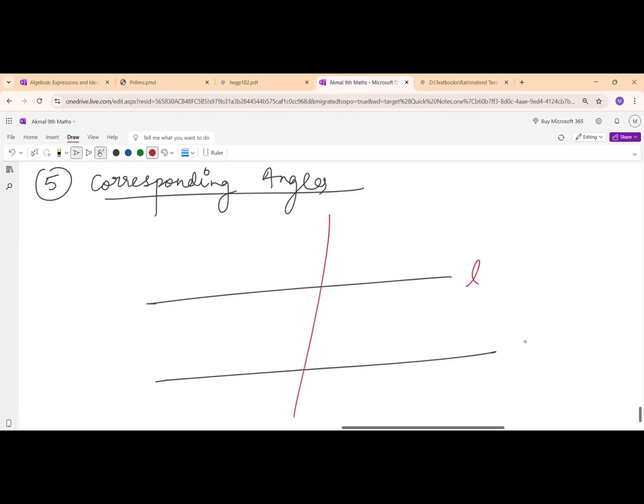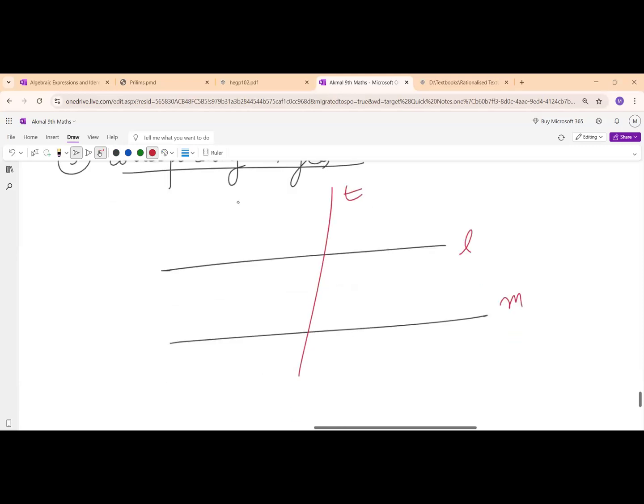This is L, this is M, this is P. Akmal, corresponding is itself in the word again. If I take the parallel line M and the angle is here, exactly the same mirror image of this on the upper line here.